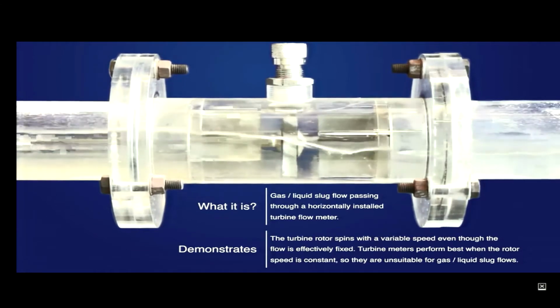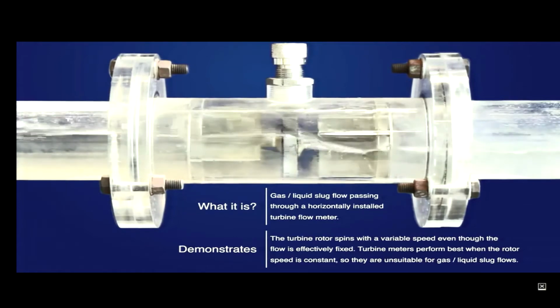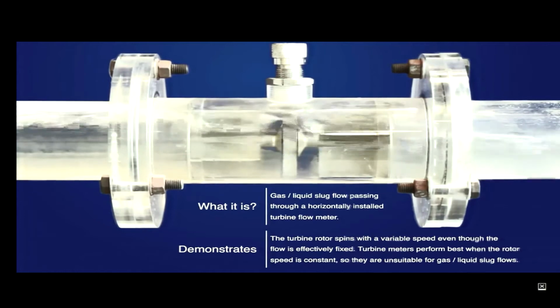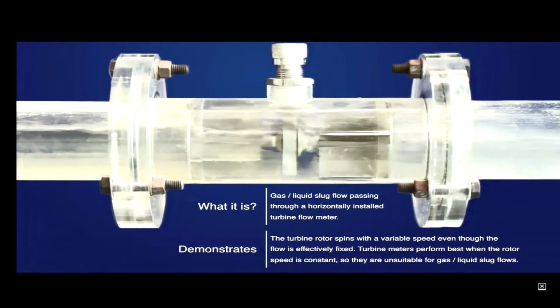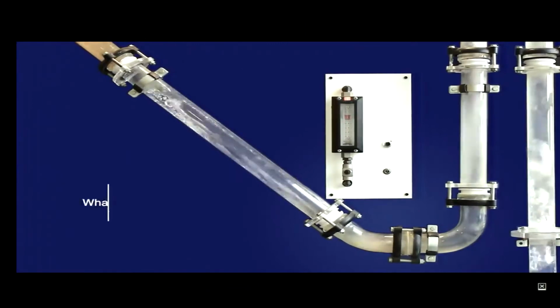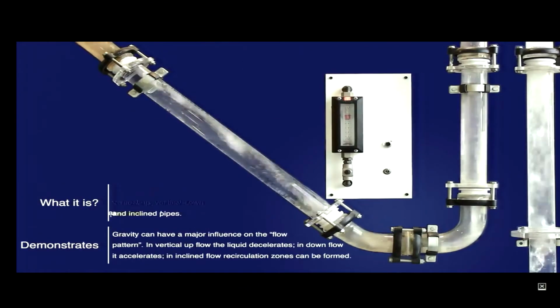What you can see is, because of that turbine flow meter, the flow goes up and down. The vorticity induced by the turbine flow meter, and so therefore the measurements you are going to make with your turbine flow meter are going to be wrong, because a turbine flow meter relies on uniform rotation at a steady state.